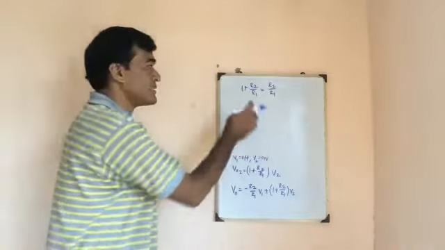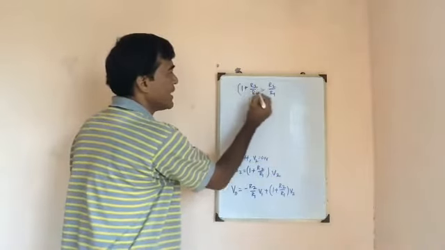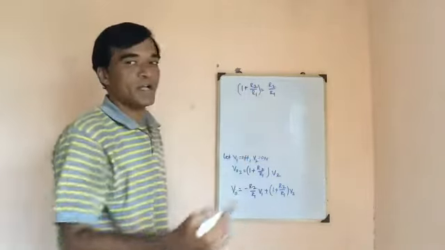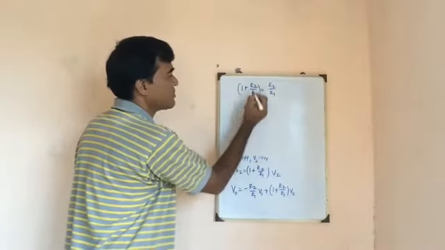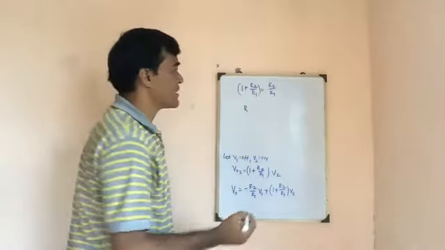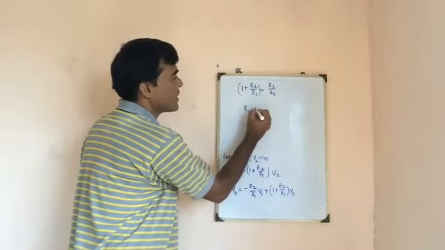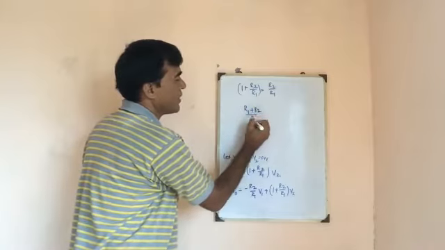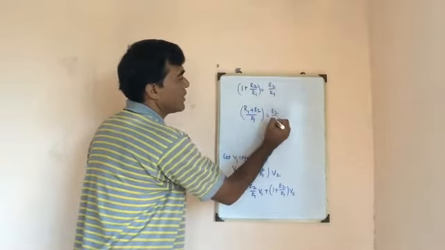Right? I need to identify the condition when the left hand side becomes equal to the right hand side. The expression at the left hand side can be rewritten as R1 plus R2 divided by R1, which is equal to R2 by R1.